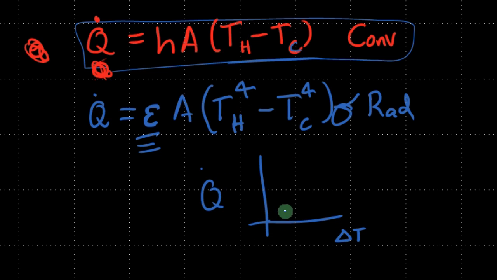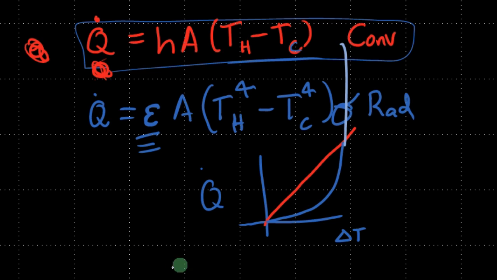If we see the difference in temperature, how the heat rises, it's going to go like that. It's going to be a quadratic relationship. But for convection, it'll be a straight line, right? So at some point, the radiation will take over and be more. But usually with piezos, you're working sort of in this range, where radiation does add some, but neglecting it is not such a big deal, as long as you can make up for it by linearizing it and including it in the convection coefficient.